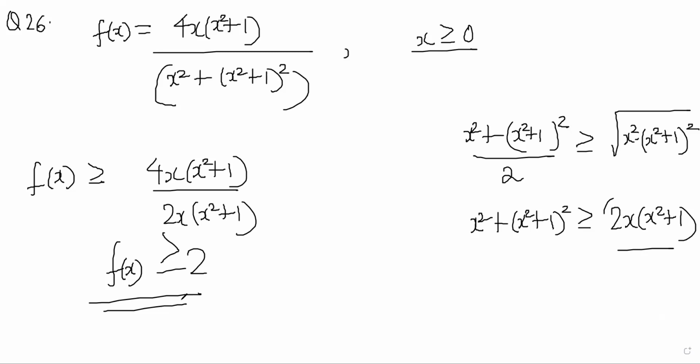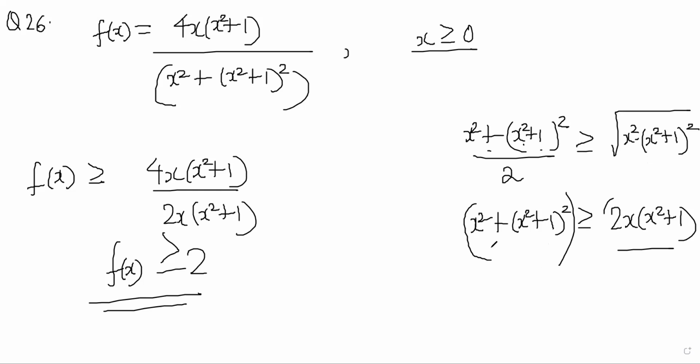Wait, have we made some mistake here? The answer is saying something else. The answer is saying B. So we have to check once what is going on. We can apply AM-GM because both quantities are positive, so we have this inequality for sure. This is greater than 2x(x square plus 1).